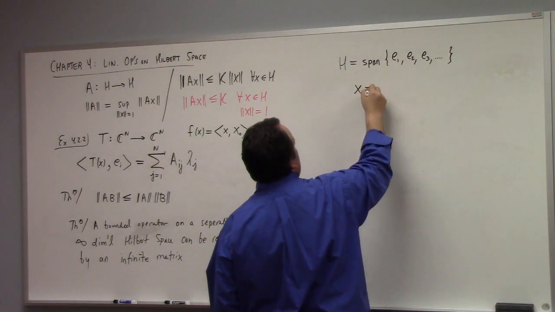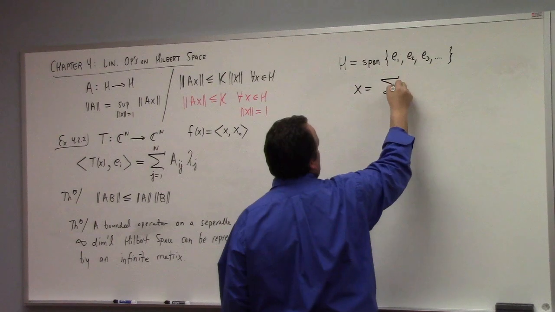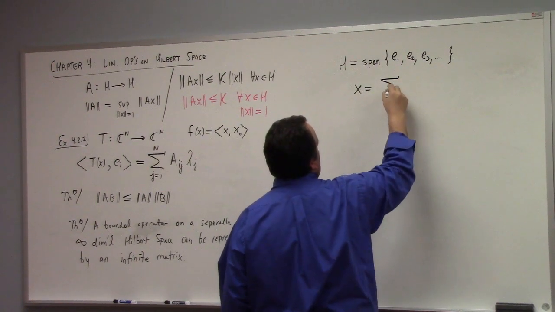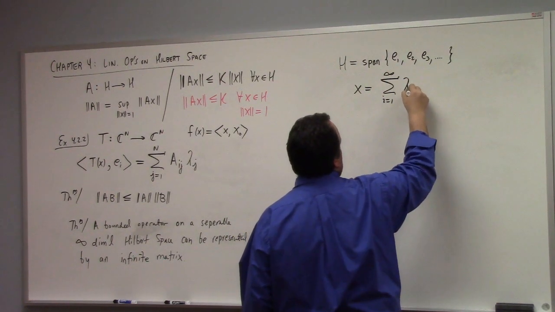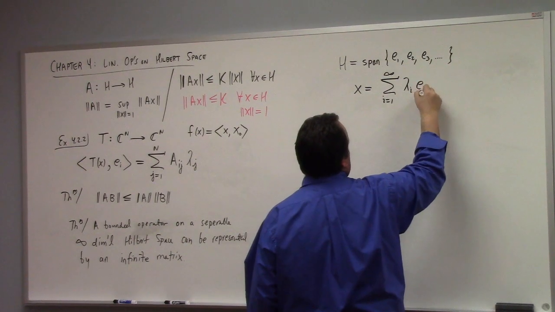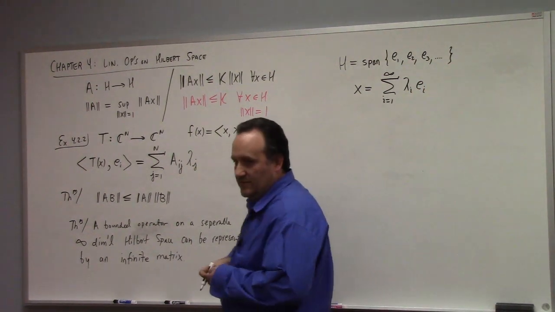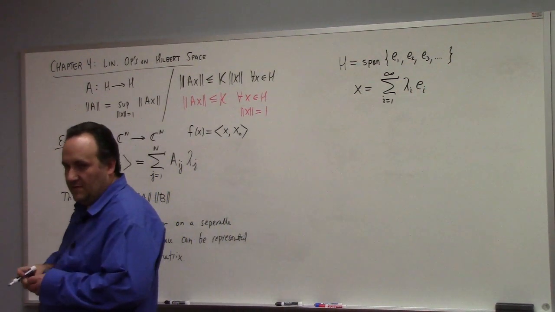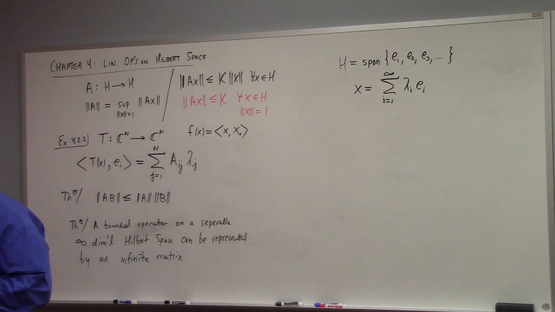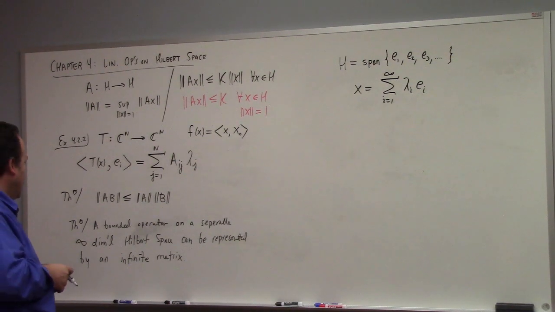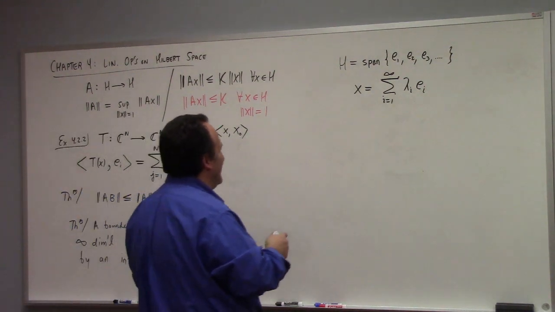So x is equal to the sum i equals 1 to infinity of lambda i e i in this context, right? We trade our finite sums for infinite series in this infinite dimensional separable Hilbert space with our orthonormal system being E1, E2, dot, dot, dot. And it is very cool.